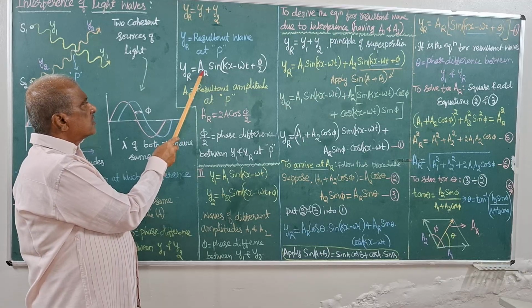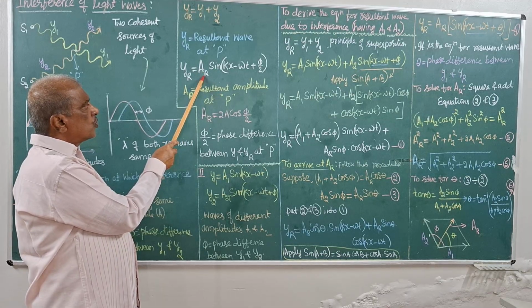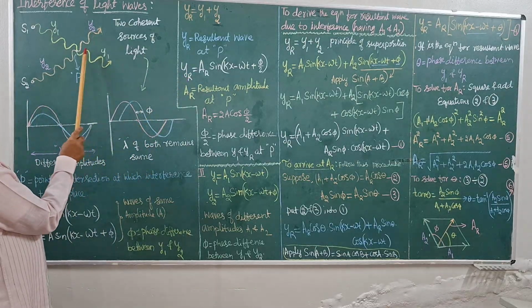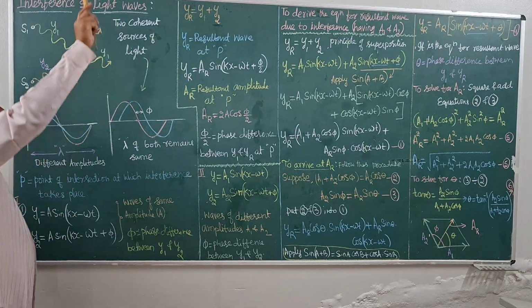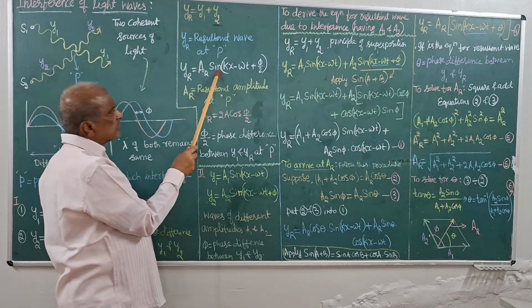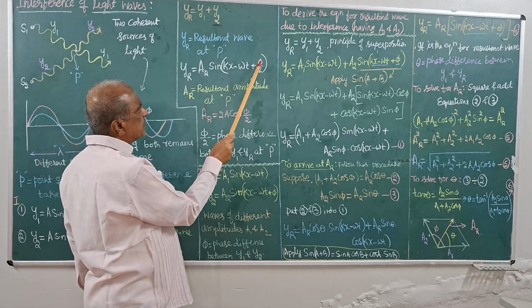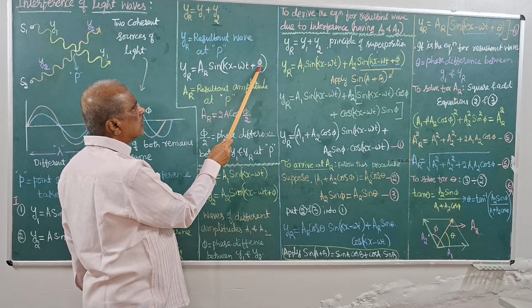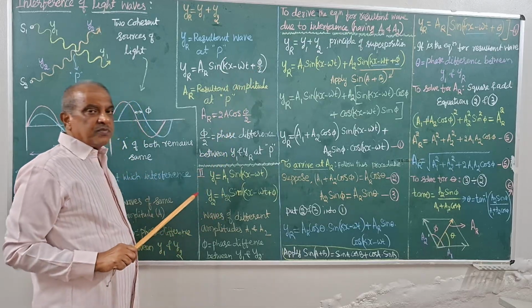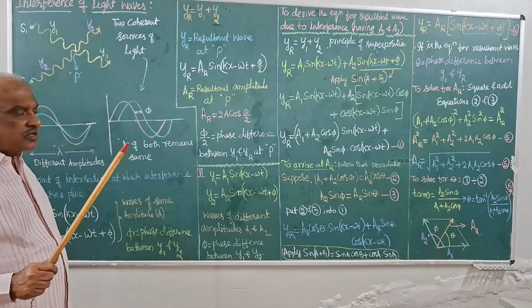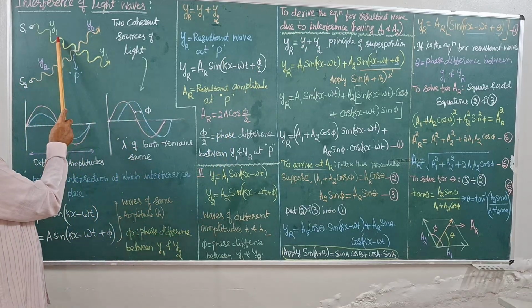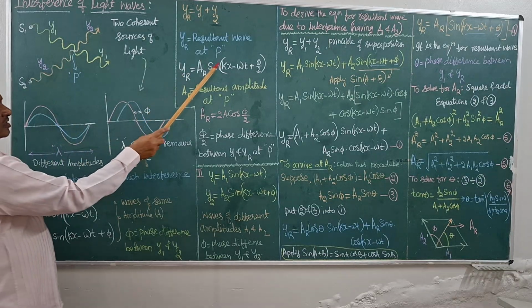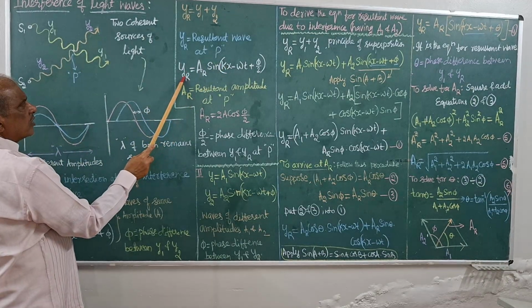This AR is the resultant amplitude of the resultant wave YR at this point. And the sine function remains the same, with a difference of phi by 2. This phi by 2 is the phase difference between y1 and yR.